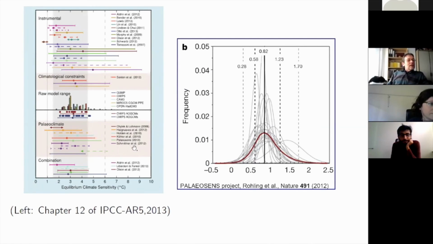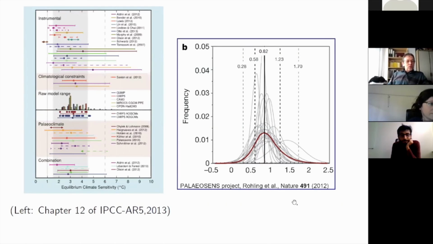And here, the left is a figure from IPCC Assessment Report 5. You can see the range of equilibrium climate sensitivity between 1.5 and 4.5, and different models, constraints, and instrumental data show this disturbingly wide range.